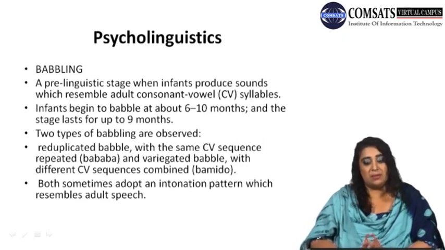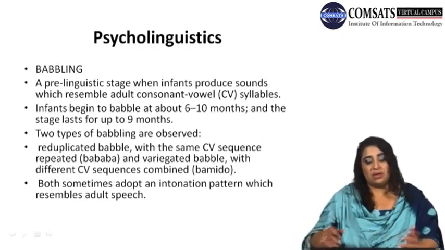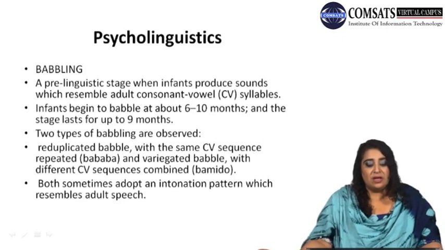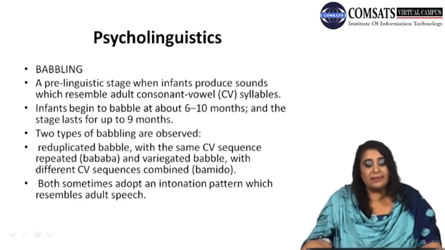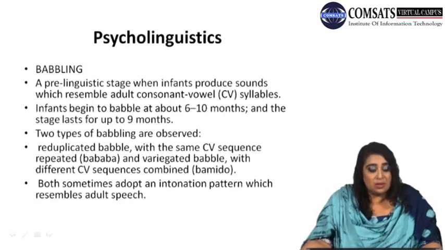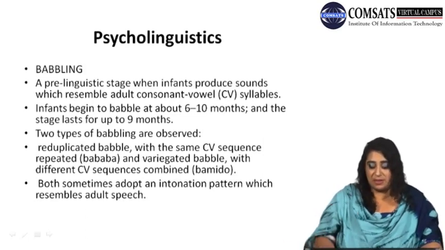So, we have ba, me, do. That is three different consonant vowel sequences. Both sometimes adopt an intonation pattern which resembles adult speech. So, when they are babbling, they are still sort of resembling adult speech at that time.